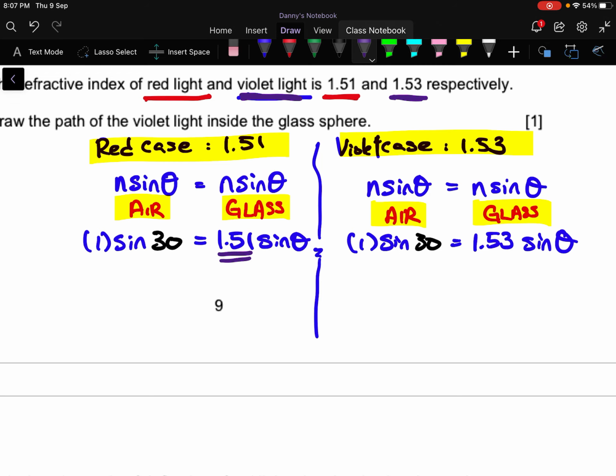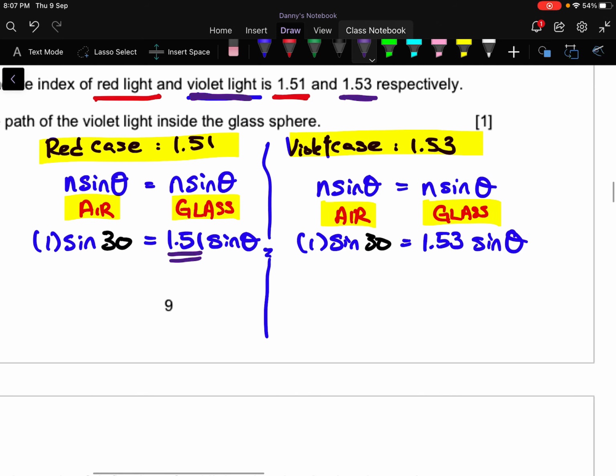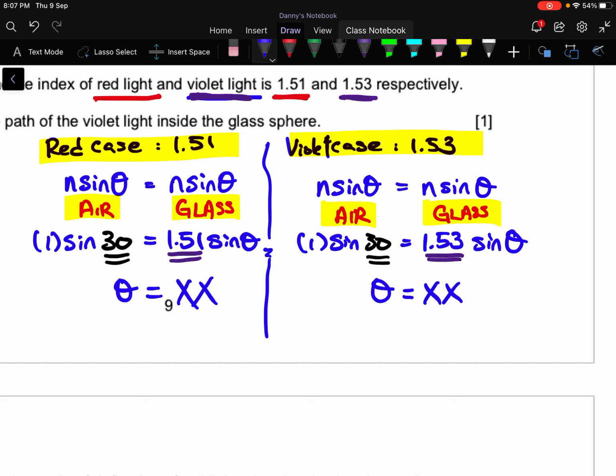So what you can do is sub in the number. Since you are doing the red light, this will be 1.51, and then the violet one will be your 1.53. You have to make sure that the dummy value here is being controlled, right? Then you just need to solve both sides. You will see that the theta here and the theta there will be different in number.